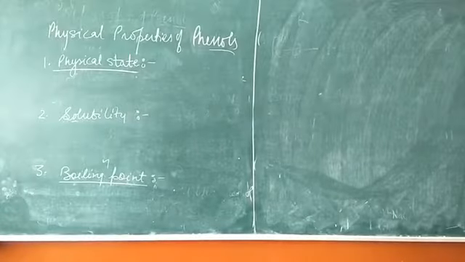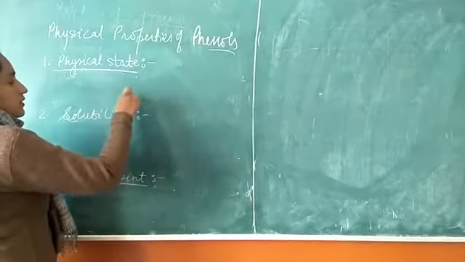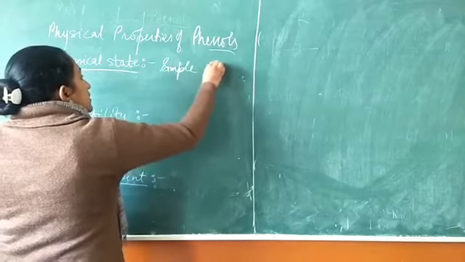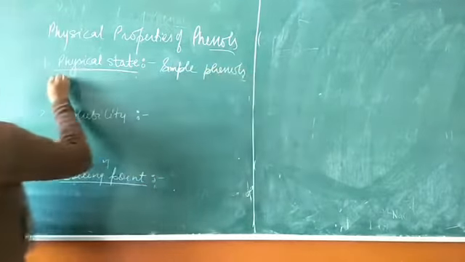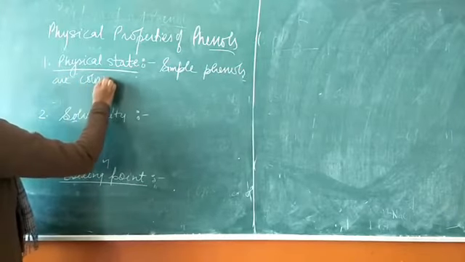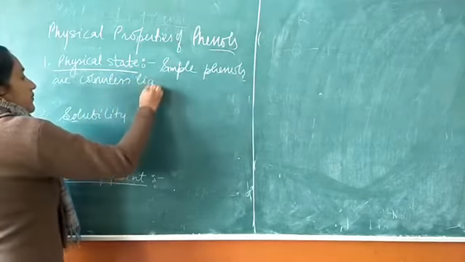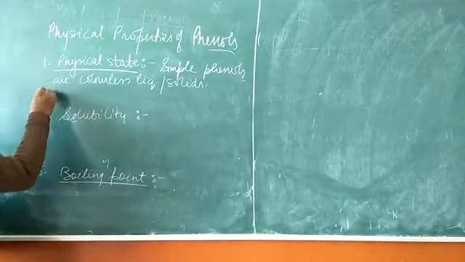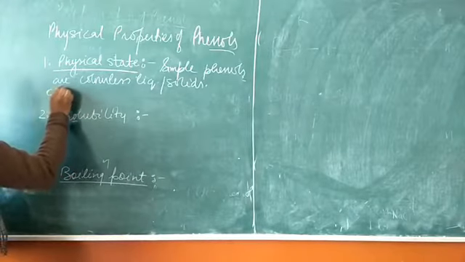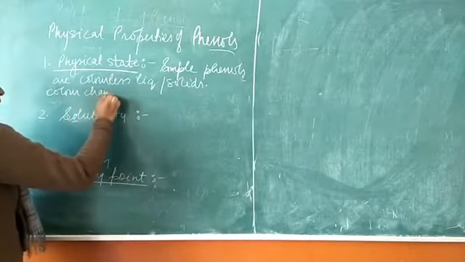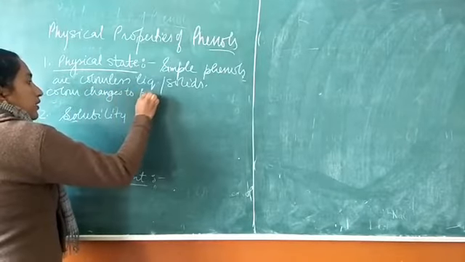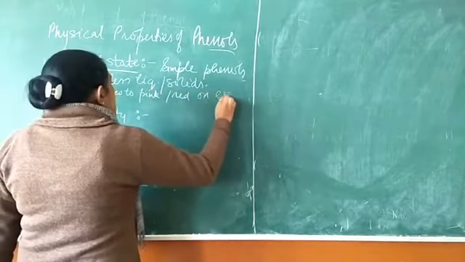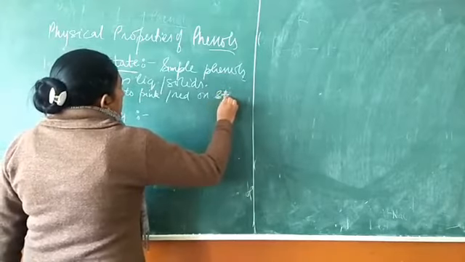Now students, we will discuss the physical properties of phenol. Generally the simple phenols are colorless liquids or solids, right, and the color changes to pink or red on exposure, or we can say on standing.